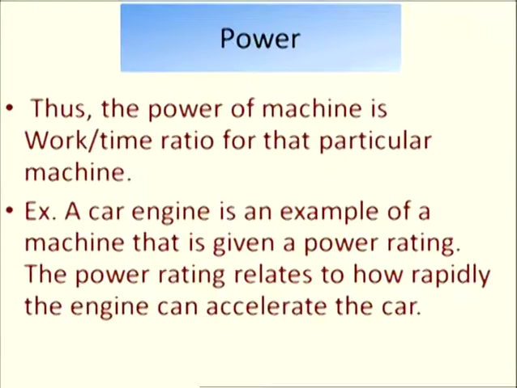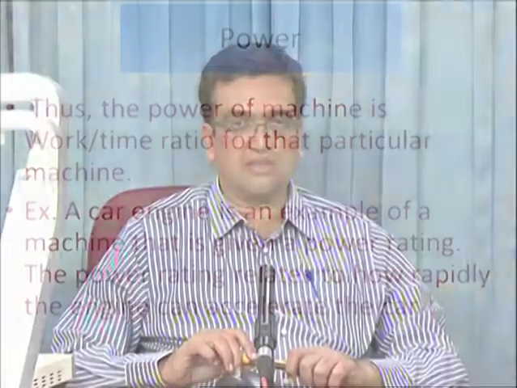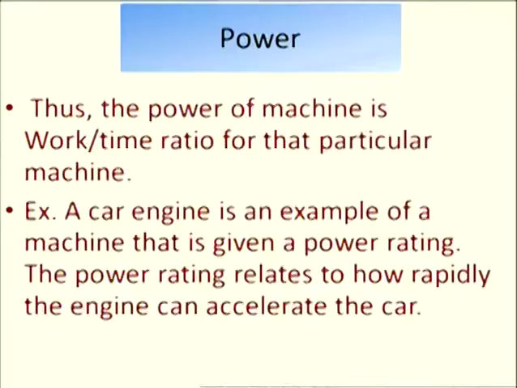In advertisements we find that a car reaches up to 100 km per hour in 15 seconds or 10 seconds. So it depends upon the power of the engine, because work done has nothing to do with time, but when power comes into the picture, time is the important factor.